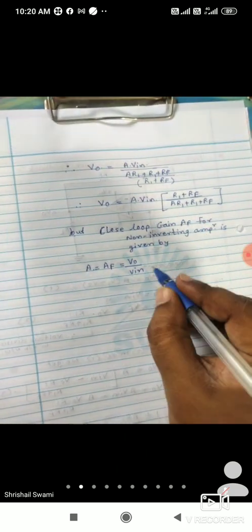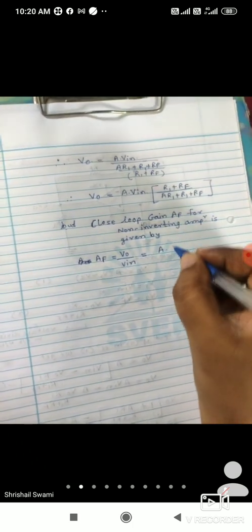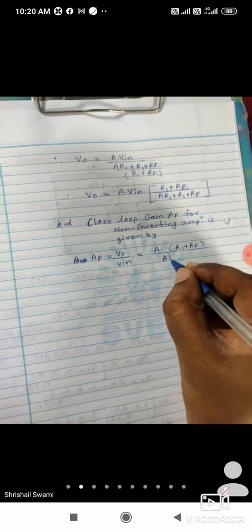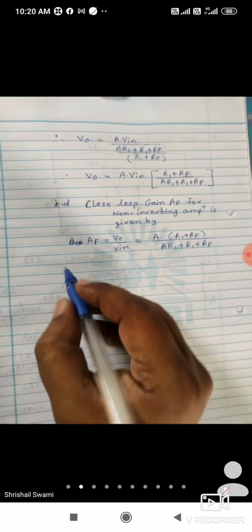A means AF, A is equal to AF is equal to V0 divided by V in. Take V in to the other side, so what remains in the numerator is A into R1 plus Rf, and in the denominator A into R1 plus Rf, that is remaining now.